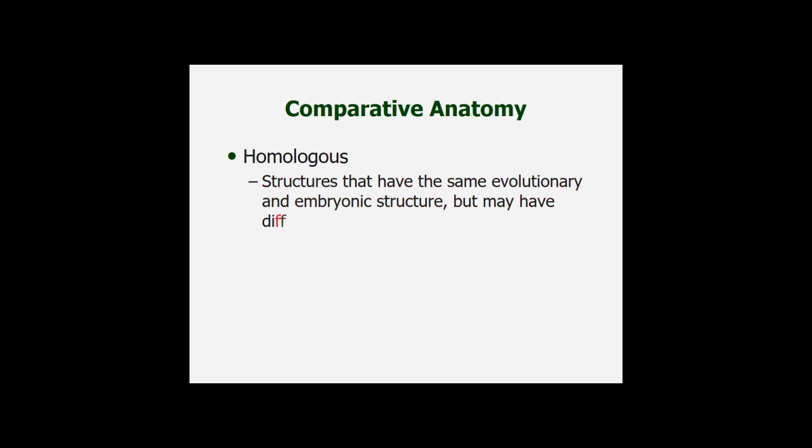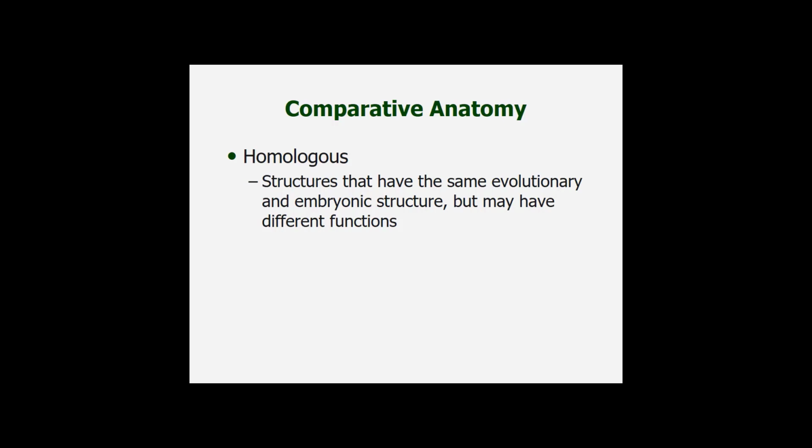One line of those evidences is going to be comparative anatomy. When we look at comparative anatomy, one of the types of traits that we look at are what we call homologous traits. Homologous traits or homologous structures are structures that have the same evolutionary and embryonic ancestry, but have different functions.